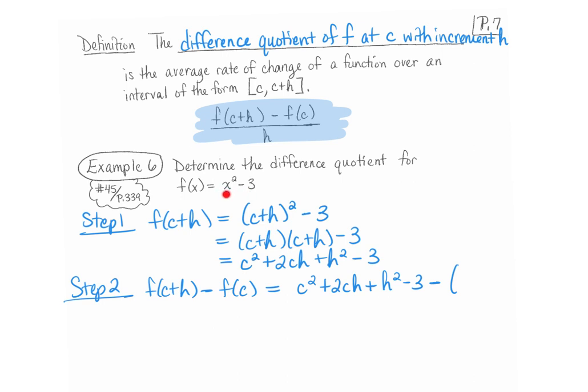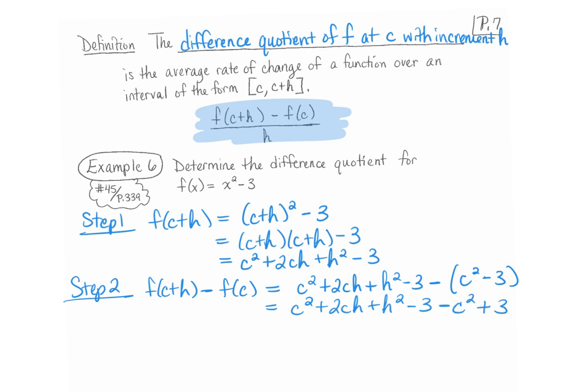What's f of c? Very good. C squared minus 3. You got it. And now you distribute your negative. So that's c squared plus 2ch plus h squared minus 3 minus c squared plus 3.